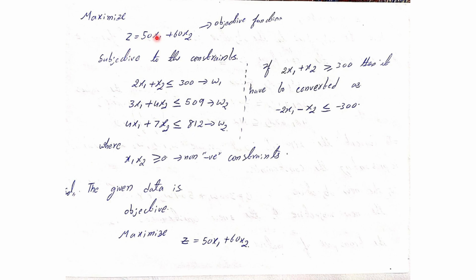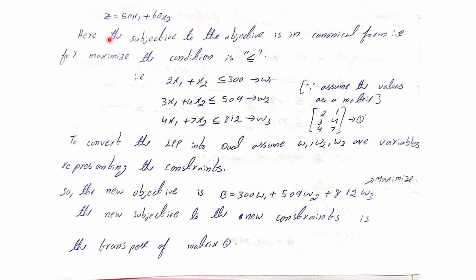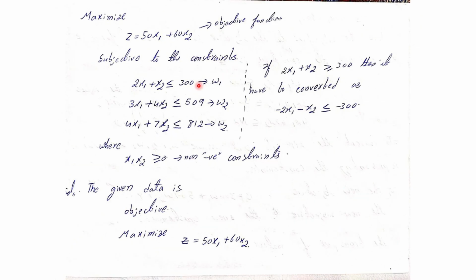First, you have to write the given data, that means the objective function and the maximization subject to the constraints. Here the constraints are in canonical form. That is, for maximization, the condition is less than or equal to, and in the problem they are already given that way.